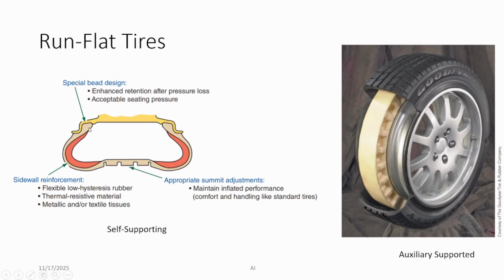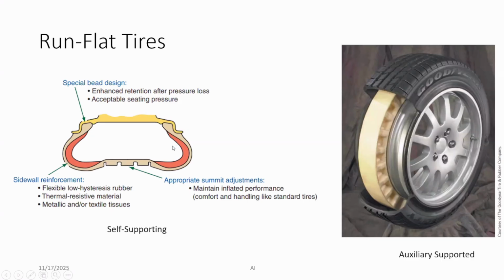So the bead design should be appropriate here, because you know that even in tubeless tires, the tire is attached to the rim with the air pressure, right? The bead will be in contact with the rim section due to the air pressure inside the tire.